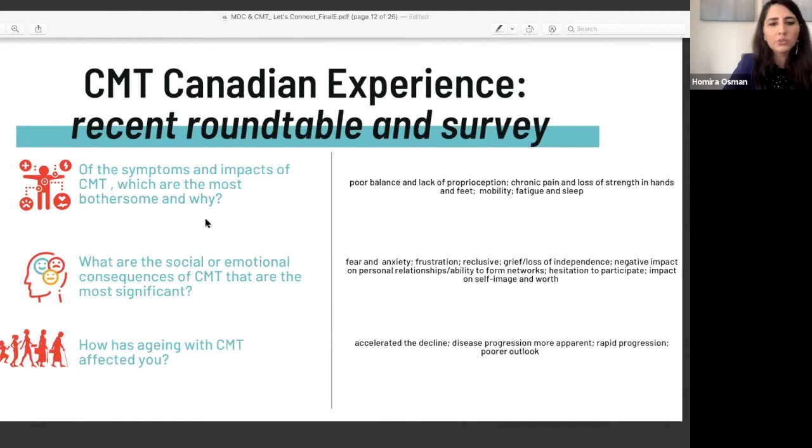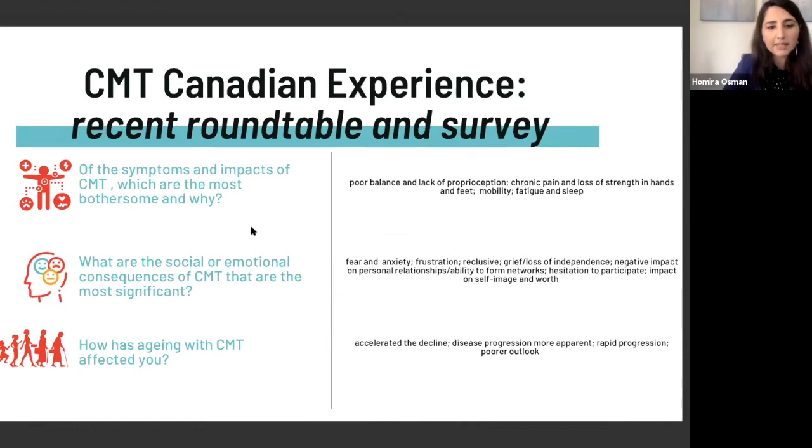So one of the questions was, of the symptoms and impacts of CMT, which are the most bothersome and why? And what was noted when we performed a thematic analysis was poor balance and lack of proprioception, chronic pain and loss of strength in the hands and feet, mobility challenges, fatigue, and sleep.